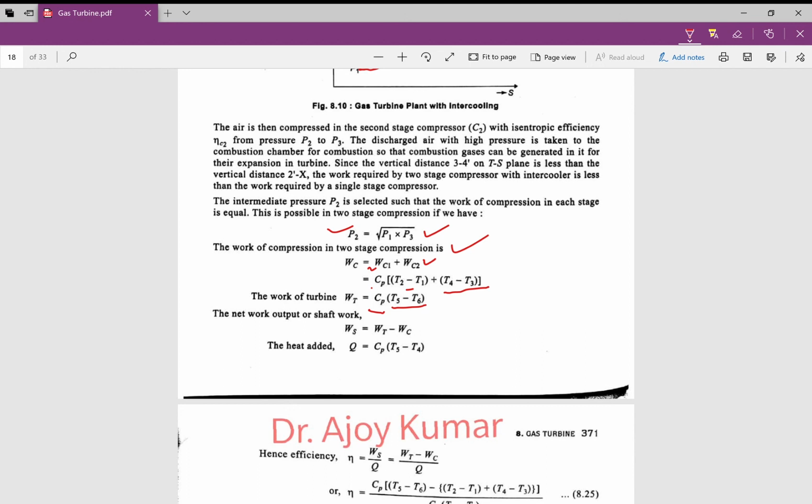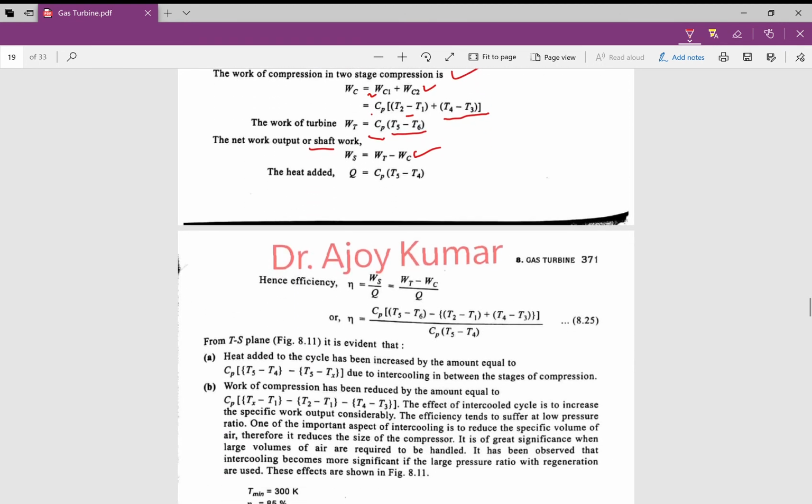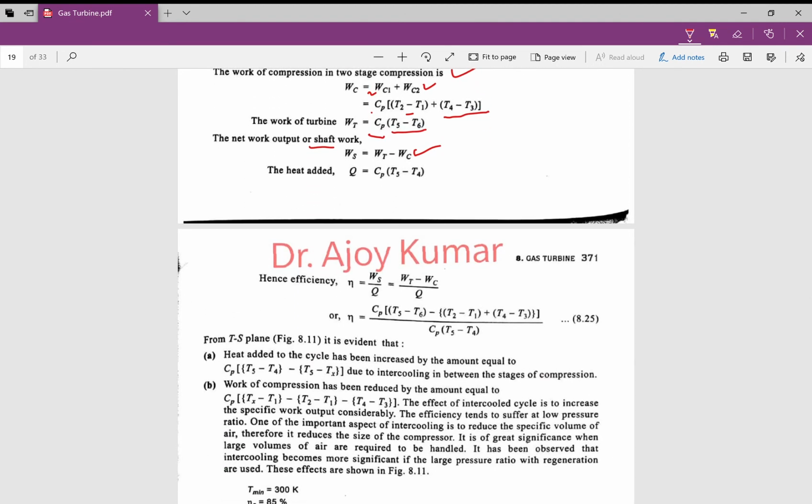And hence net work output or shaft work is turbine work minus total compressor work, right? And then, dear students, heat supplied, because for calculating efficiency the denominator part is required, so the heat supply taking place in the combustion chamber only is T5 minus T4 with a unit mass of air, so m is 1. Cp remains constant throughout, hence Cp comes everywhere.